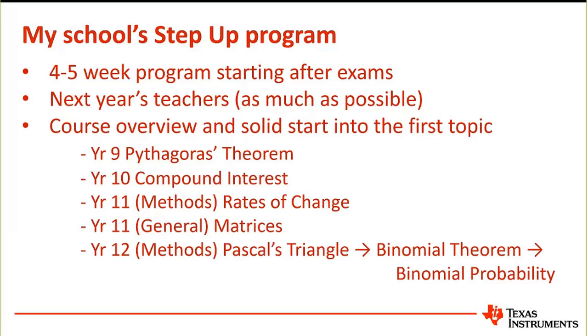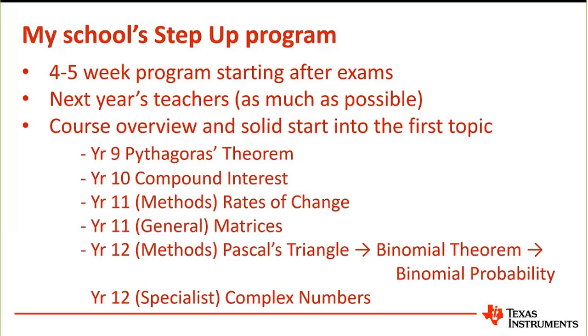For Year 11 transitioning into Year 12 methods, I've generally started with Pascal's triangle, binomial theorem, and linking that through to binomial probability. Of course, you will make your own choices. I'm just sharing what I've done with my classes.